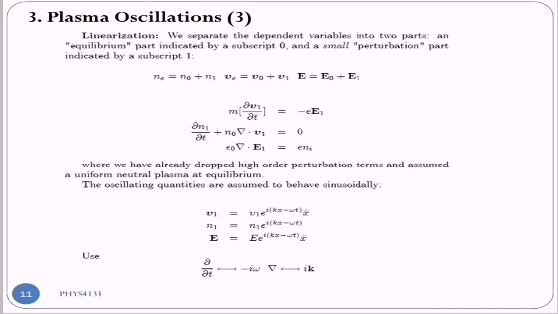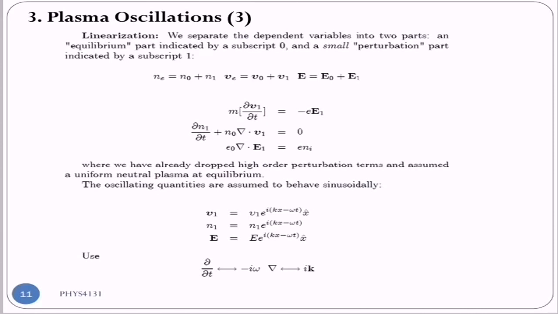Using these values in above three equations, we get simplified expressions where we have dropped high order perturbation terms and assumed a uniform neutral plasma at equilibrium.